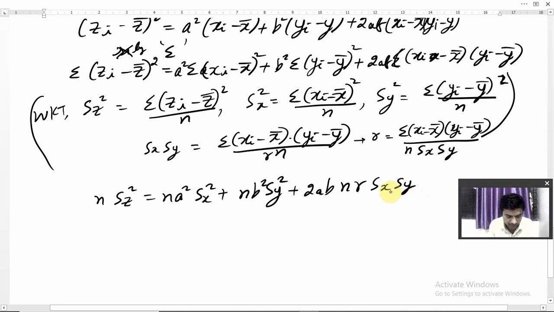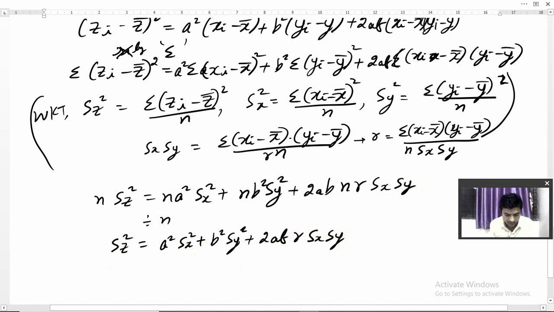If you further simplify this, you can see everywhere n is common, so I will take out n, divide by n, so you will get sz square is equal to a square sx square plus b square sy square plus 2ab r sx sy. So easily you can collect the r value and simplify.